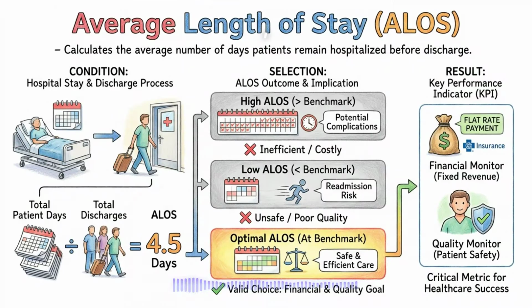A high ALOS can indicate that patients are experiencing dangerous surgical complications, while a very low ALOS might mean patients are being rushed out the door too quickly. Financial departments monitor this metric obsessively because insurance companies often pay a flat rate per patient, regardless of how many days they actually stay.